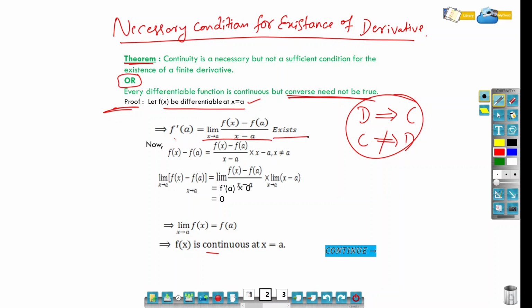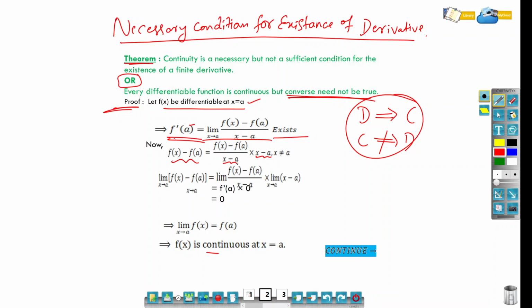This is the definition of differentiability of a function at x equals a. Now let us consider f of x minus f of a, and rearrange: multiply and divide by the term x minus a. Again you will get the same.